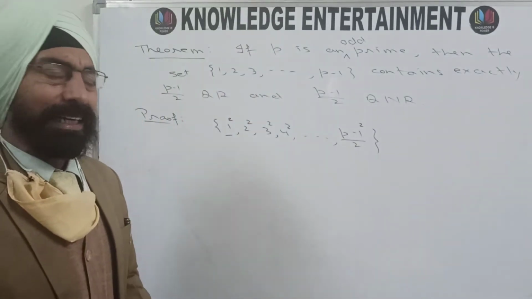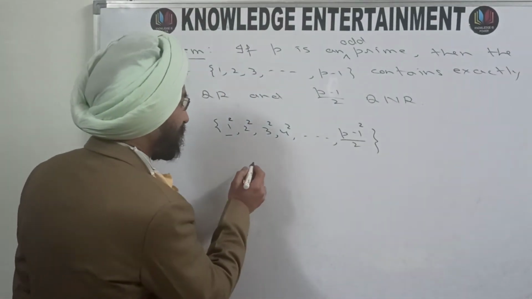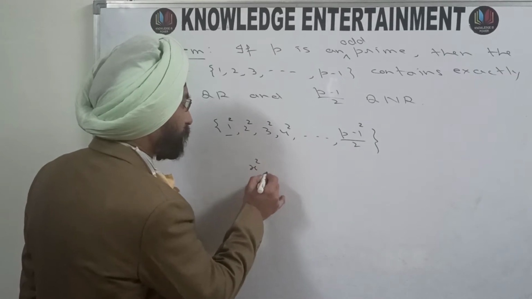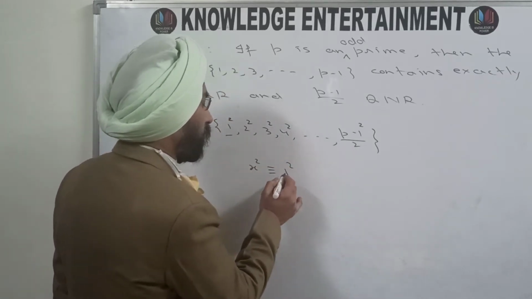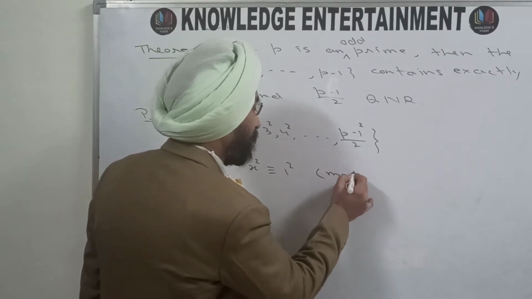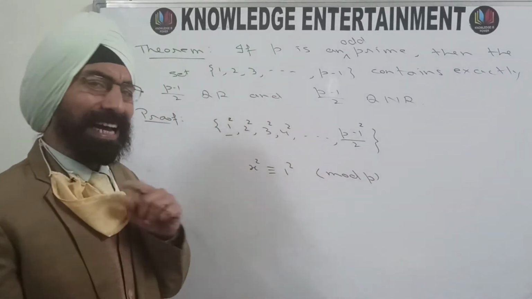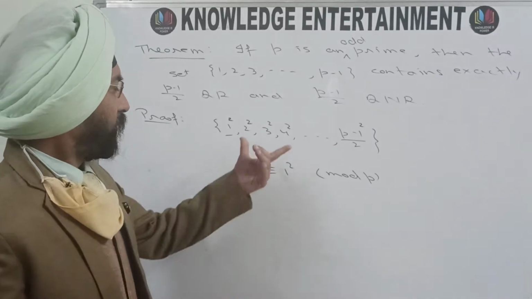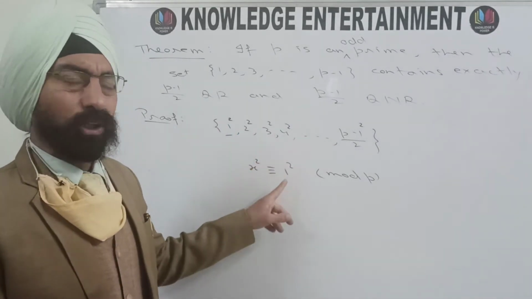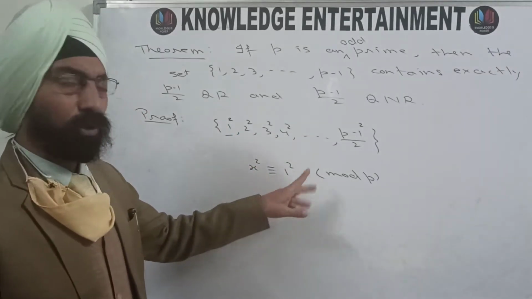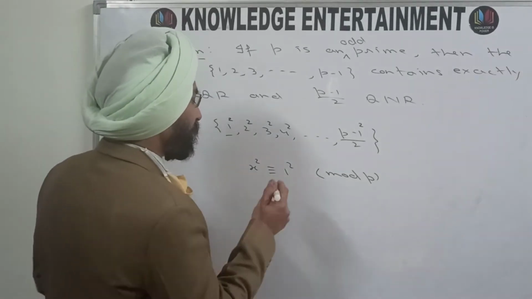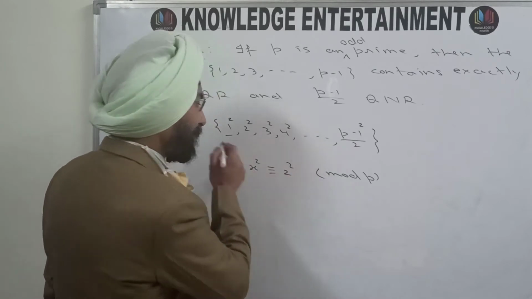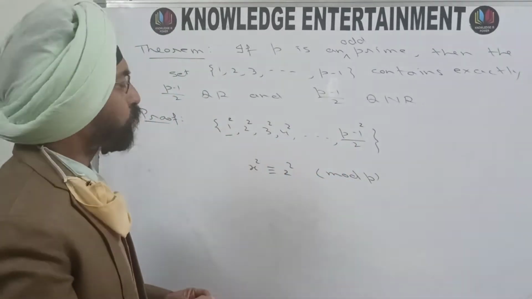And now another thing to be observed is that x squared congruent to 1 squared modulo P has a solution 1 in the set, because 1 squared is congruent to 1 squared modulo P. x squared congruent to 2 squared has a solution here, and so on up to P minus 1 by 2.